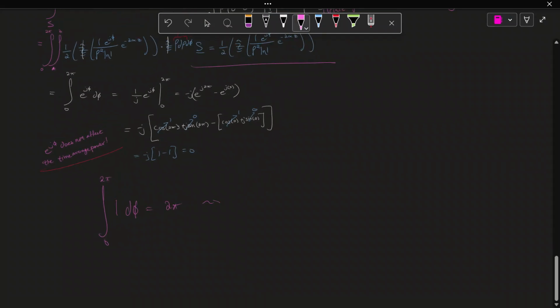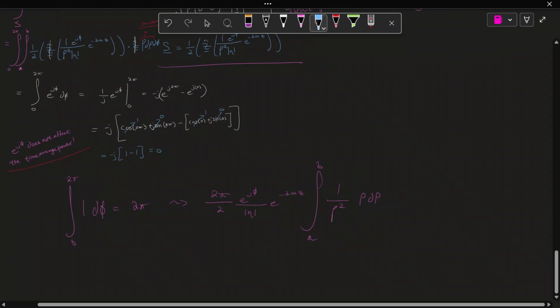So now what we have, from above, is 2 pi over 2. We let e to the j phi be here, over the magnitude of the intrinsic impedance, e to the negative 2 alpha z, integral from a to b of 1 over rho squared, rho d rho. Now, this is your basic one.